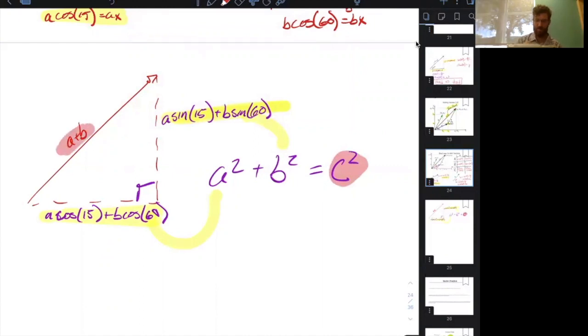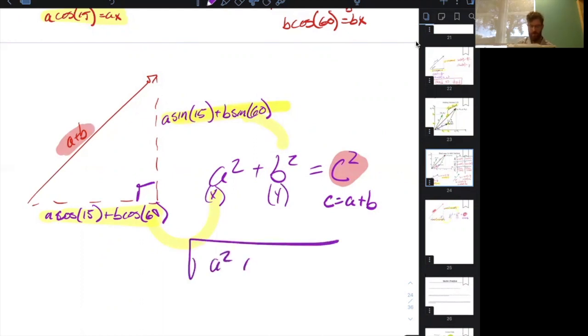So in this case, ladies and gents, C is equal to A plus B, right? A squared is going to be your X components. B is going to be your Y components. Square root of A squared plus B squared is equal to C.